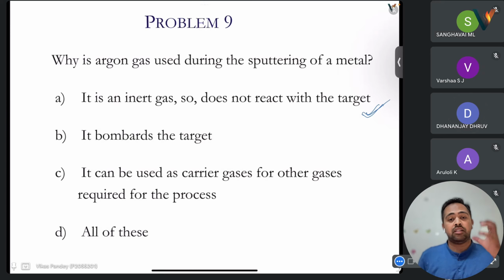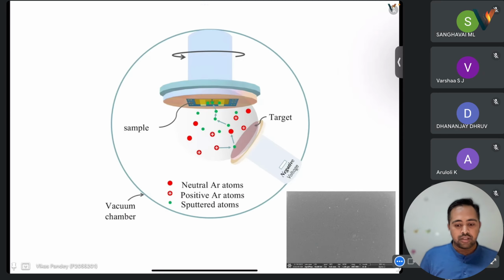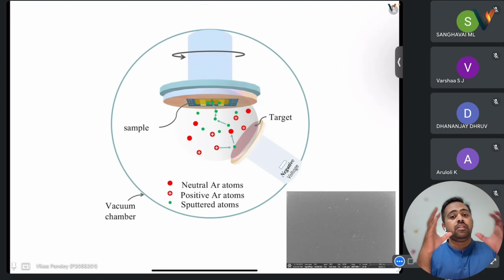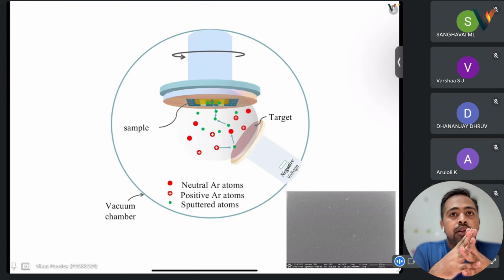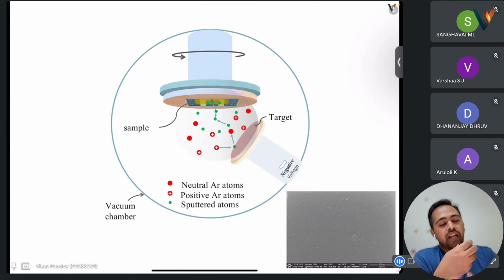I think when we talk about sputtering, if you see this diagram, sputtering works like this: if there is mud and we are throwing a stone in it, it will sputter some particles from there. If we are throwing a small stone, it may not have enough strength to make the mud get sputtered easily.